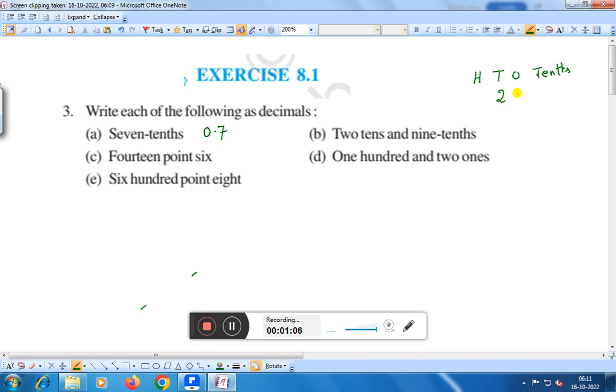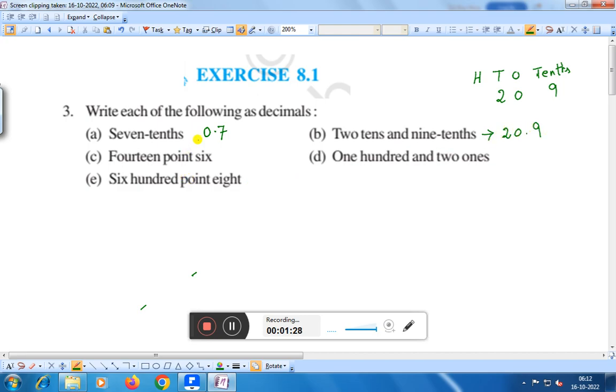In place of ones, that is 0 ones, and tenth is 9 tenths. That means in the following decimal you can write here as 20.9. Why? Because 2 tenths, 0 ones, and 9 tenths.